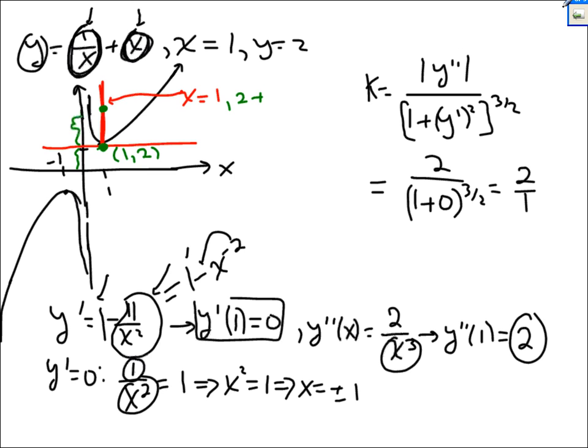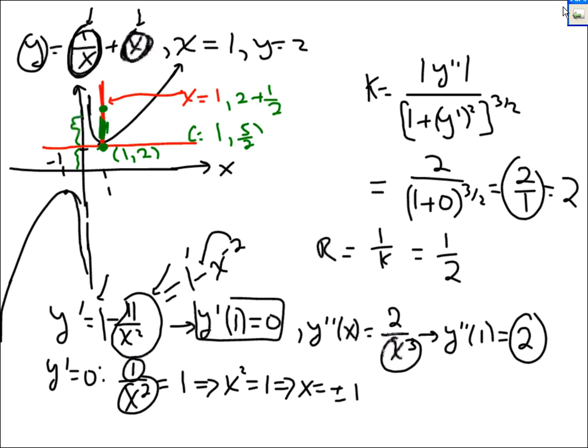So you get 2 over 1. That tells me that the radius is the reciprocal of this, which is a half. The radius is a half. That means this distance that I'm putting in green now is a half. You're at 2, you add a half, so now the center is going to be (1, 5/2). 2 plus a half is 5/2. And again, the radius is a half.